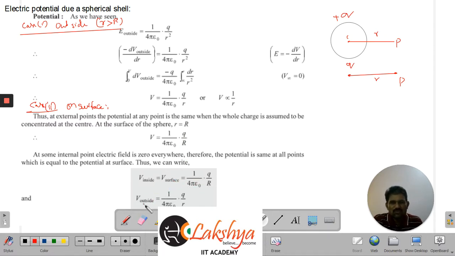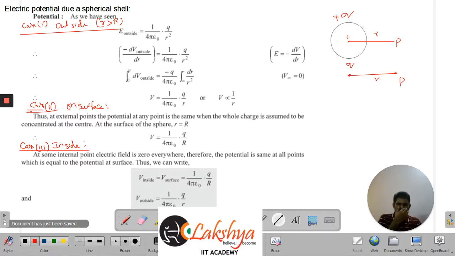And suppose if you want to write the inside, that is our case 3 here. Inside means, let us write the electric potential inside.